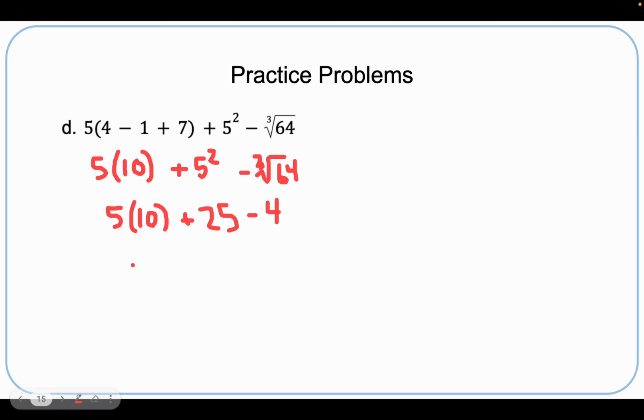Okay, and then I would do multiplication and division from left to right. So that gives us our 5 times 10 is 50, plus 25 minus 4. And now we can do addition and subtraction from left to right. 50 plus 25 is 75, minus 4 is 71.